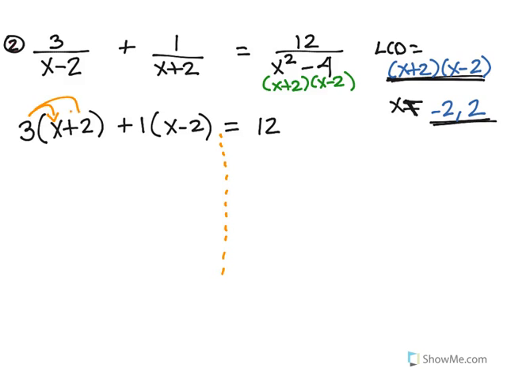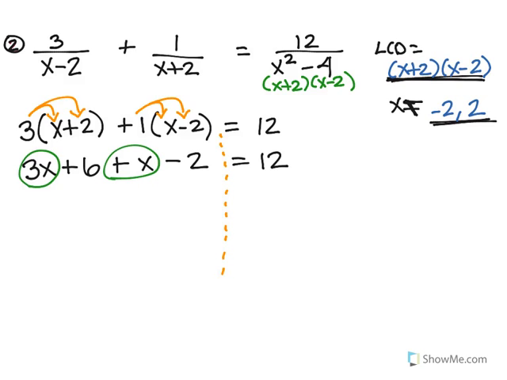We're going to distribute. Spread the love. 3x plus 6 plus x minus 2 equals 12. And we're going to clean it up. 3x plus 1x is 4x, and 6 minus 2 is a positive 4, equals 12.